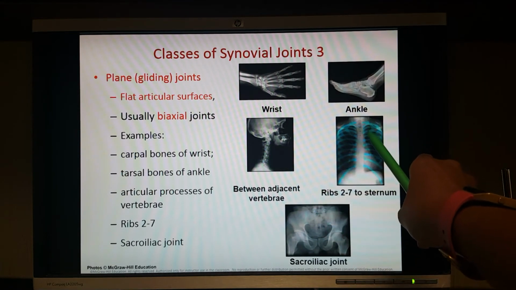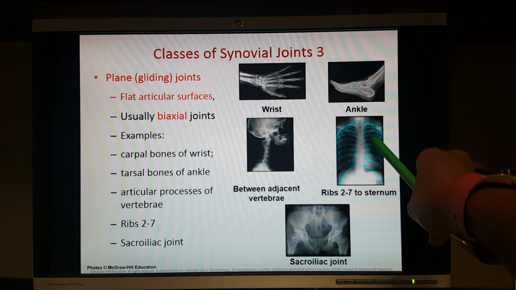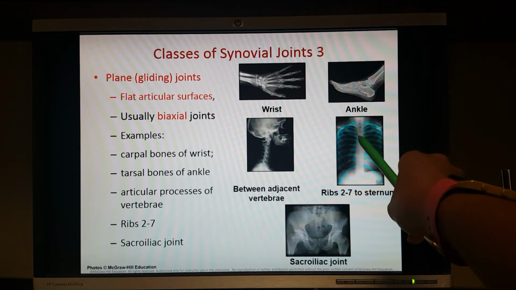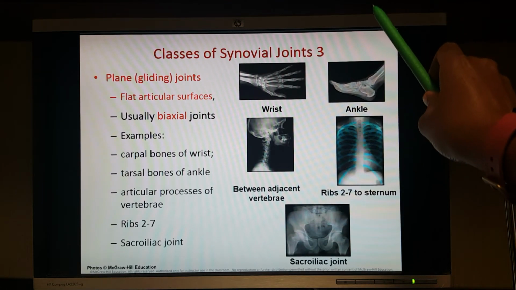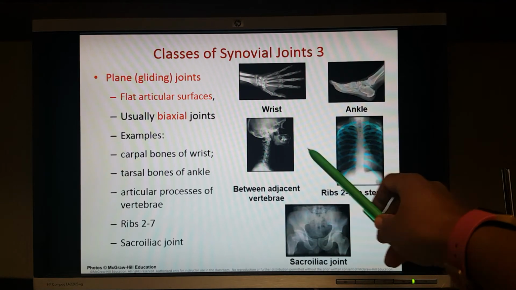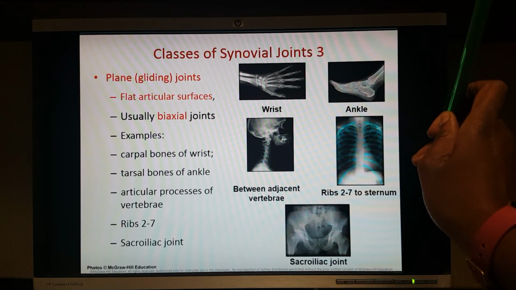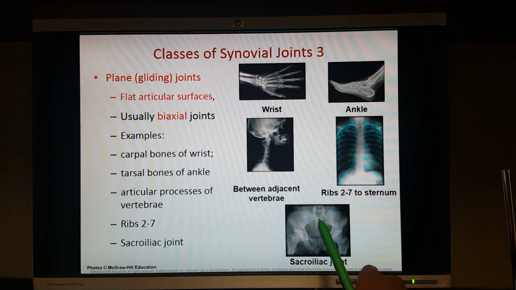The ribs 2 through 7 will slide as they're making contact with the vertebrae to the sternum, so in the front of the chest. And then lastly, the sacroiliac joint. So here we have our sacrum, and then the iliac portion of the os coxa.